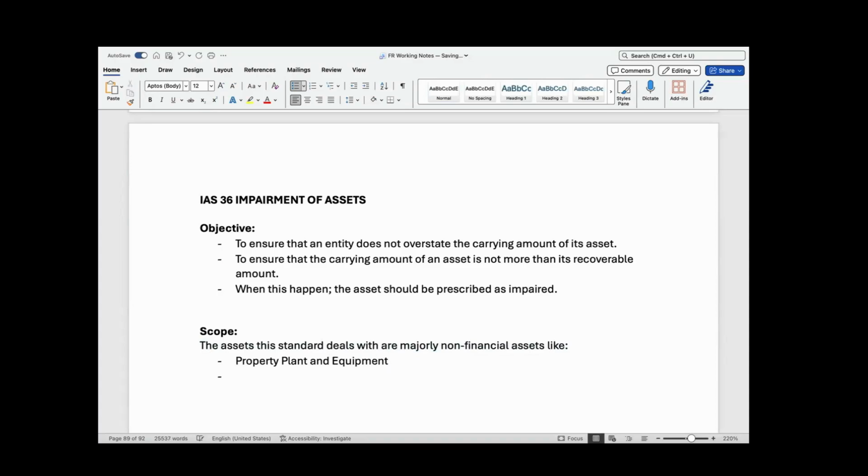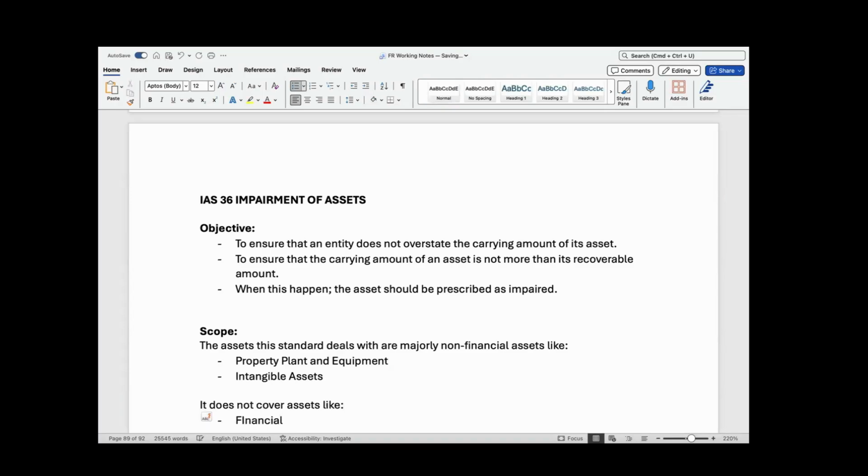It deals with intangible assets, PPE, intangible assets. Those are majorly the ones I've taught you so far. So it does not cover assets that are majorly financial assets.